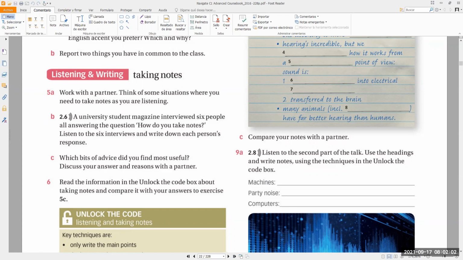Okay, guys. So let's try to see exactly what their answers were. In the case of the very first person who was interviewed, what did they say? Highlight the important points. Highlight important points, right? So when you're taking notes, there are ways in which you can do that. That's something I always do. So for instance, when I need to highlight anything in my notes, I circle certain things.